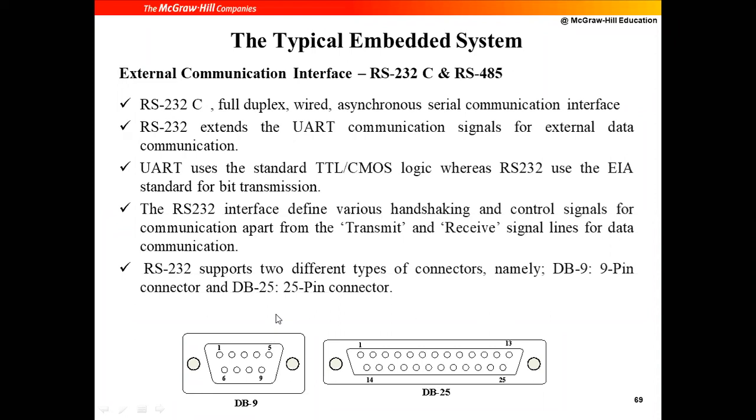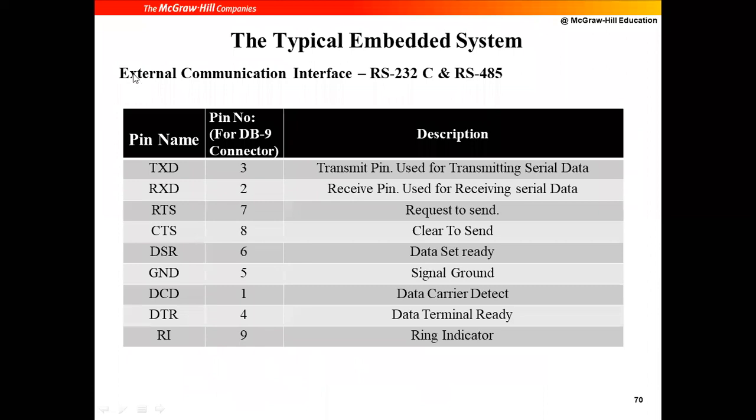Okay. So we'll go through what this DB9 connector is and the function of the DB9 connector, how exactly the communication is established. You can observe here, in this external communication interface, the DB9 connector, the functions of various pins are given in this particular table.